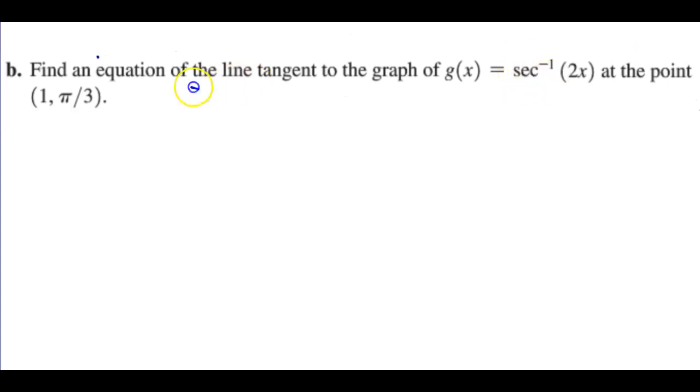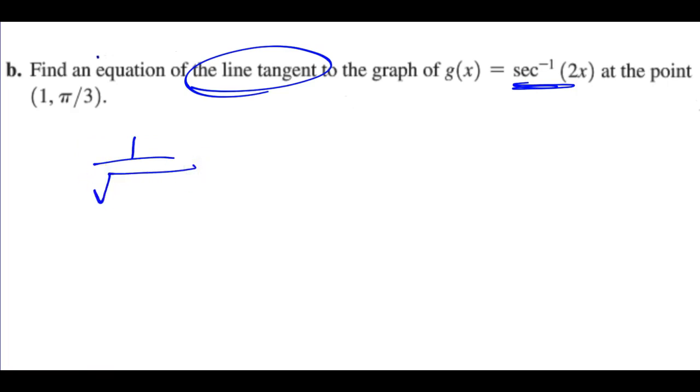And the derivative, because it says find the tangent line, and the derivative of secant inverse, if you remember, is 1 over, and I know I've got this square root, instead of 1 minus, I think it's the u squared, oops, u squared minus 1. In this case, u is 2x, and don't forget you'll have a du floating around.